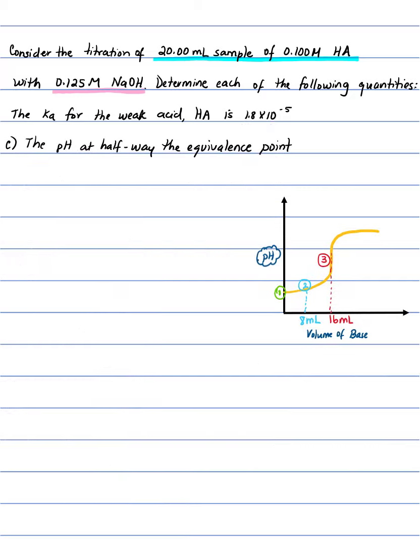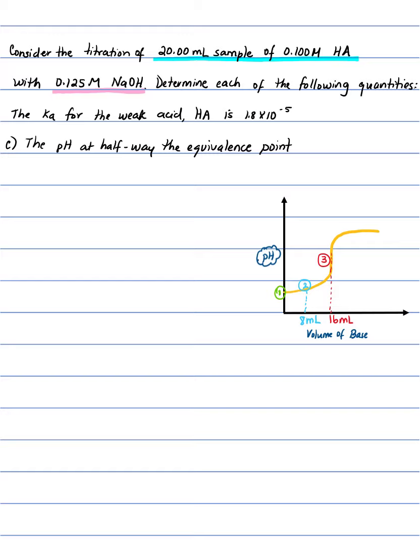In letter C, we're going to calculate the pH at halfway to the equivalence point. So in letter A, we calculated the volume of sodium hydroxide that we need to reach the equivalence point, 16 milliliters. So when you are at 16 milliliters, all of the acid is being neutralized by the base that you're adding.